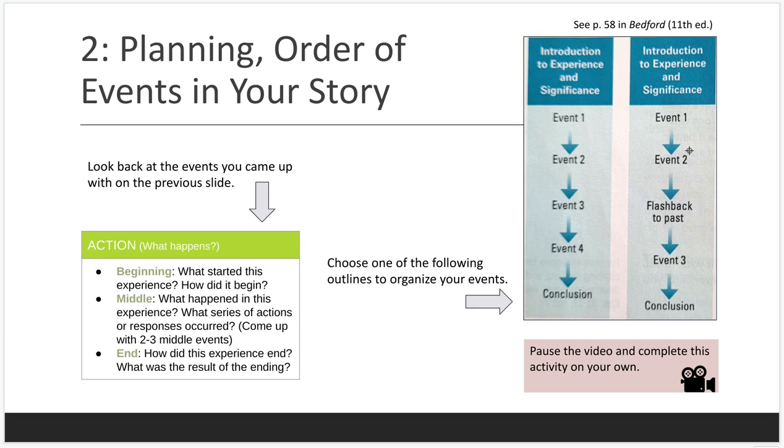Maybe you start with the initial moment as a flashback and then jump to the present or to a different moment. Or maybe you start in the present, go back to the past at some point and then jump back to the present, okay? So you do have some creative license for how to tell your story. Now, what I recommend is go ahead and pause this video and consider what's the best way and organization for telling your story.